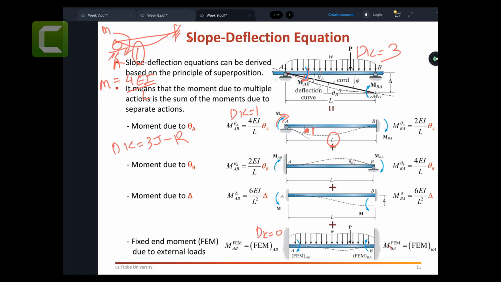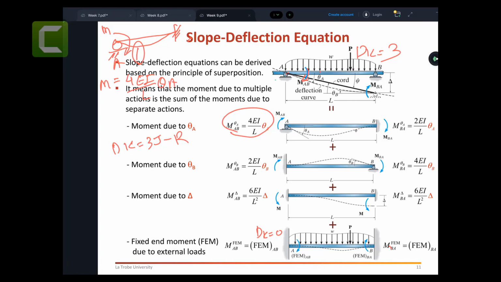If 1 degree of rotation requires 4EI on L, how much moment is required for theta A? Just multiply by theta A. The moment required to cause the theta A rotation is 4EI on L theta A. What is the reaction moment here?